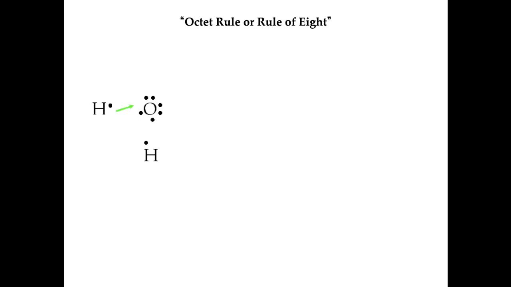So what happens is that each of the hydrogens come and pair up and share an electron with each of oxygen's unpaired electrons. And so our Lewis structure for water has 8 electrons all around oxygen and 2 electrons next to each of the hydrogens. So they all are showing full valence shells.